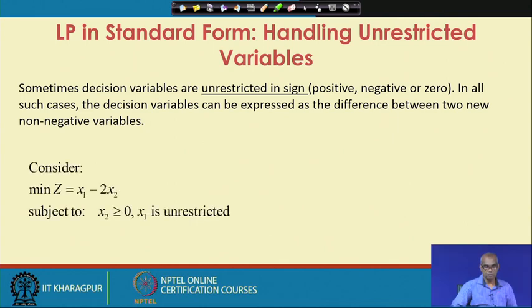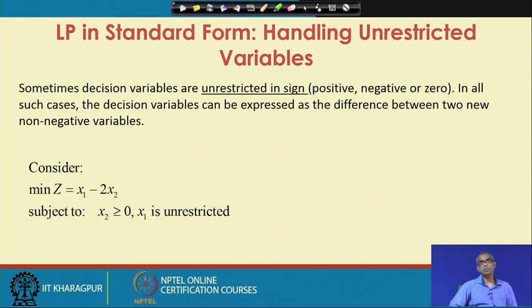unrestricted variables. For example, consider minimize z equal to x 1 minus 2 x 2 subject to x 2 greater or equal to 0, but x 1 is unrestricted.